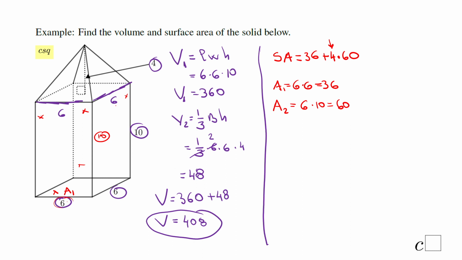And now we have one more piece we need to look at. One of these triangles, right? One of these triangles will be, I'm gonna call it A3. And for that reason, probably you want to find the slant height. You see, I'm going to say something like this triangle here.